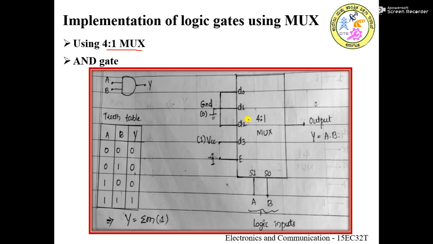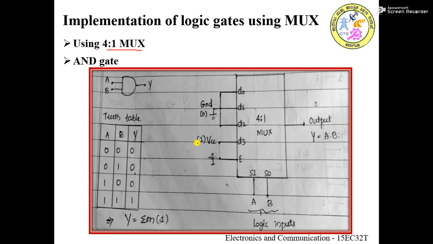If you count the number of data inputs of the 4:1 mux, they are again 4. One more input is there, that is enable, which is always connected to VCC so that this logic system is always enabled. And if you count the number of outputs of the logic gate, there are 4 outputs, and we have 4 inputs in the 4:1 mux.